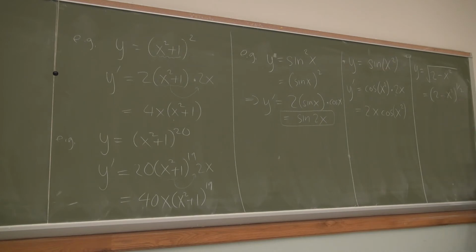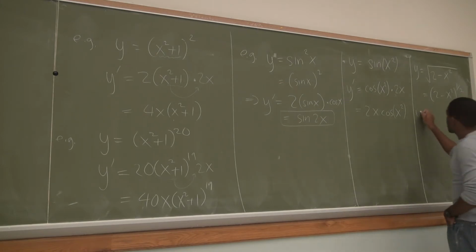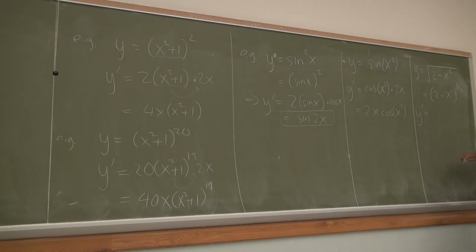So the half power is the outside function. Then what did you do? Then use the power rule. So now y prime is going to be the power rule, so we bring this down, minus a half. Then you have to multiply by the derivative of the inside function, which is minus 2x.